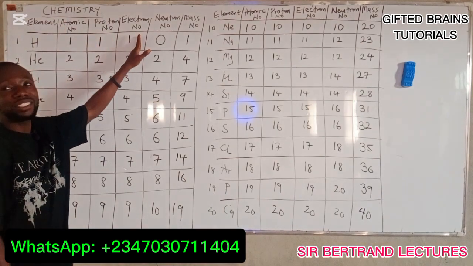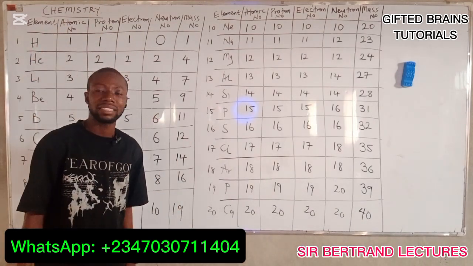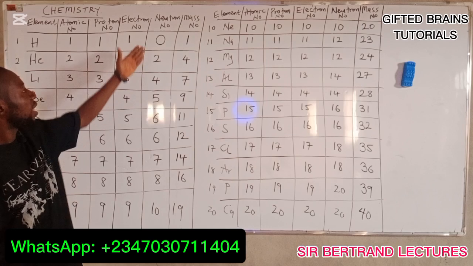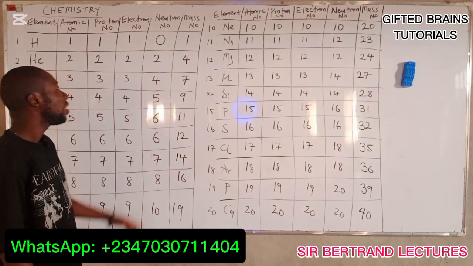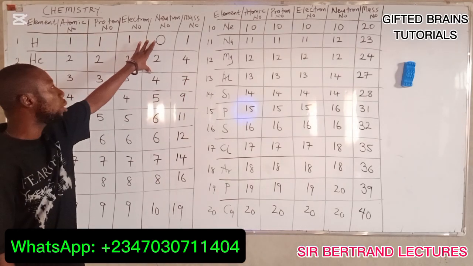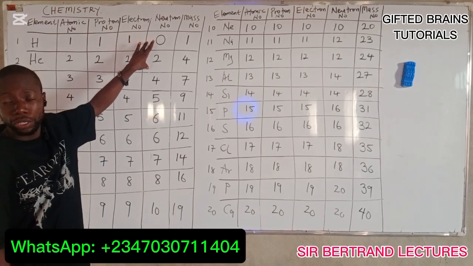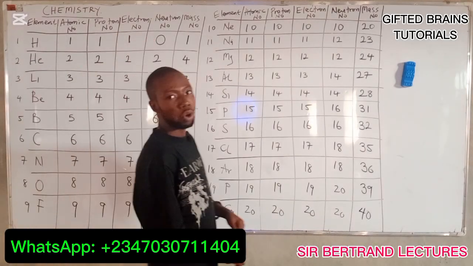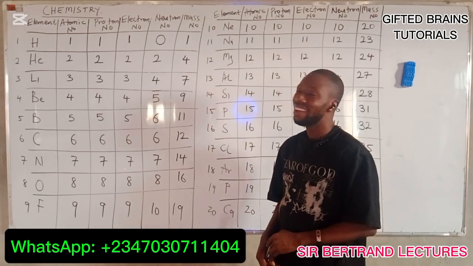Then here we have the neutron number, and here is the mass number. All right? We get mass number by simple addition of the proton number and the neutron number. The reason is because these are the entities we have in the nucleus. And it is the nucleus of an atom that determines the mass number of every atom of an element.